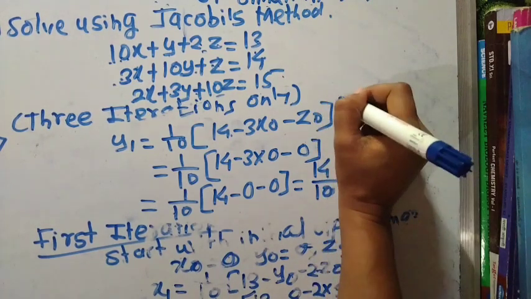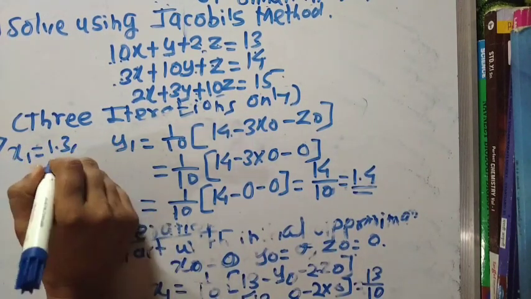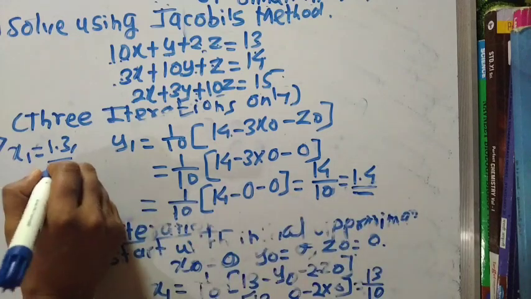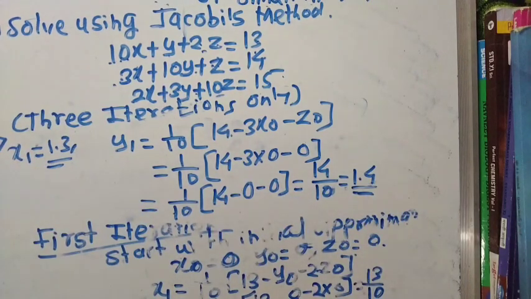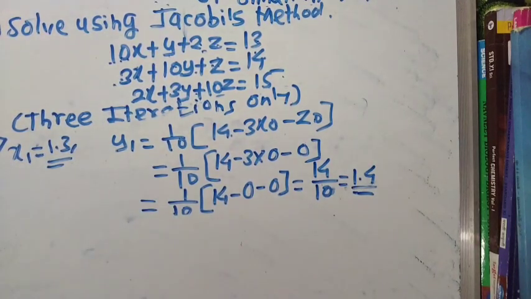Then here x1 is equal to 1.3 and y1 is 1.4. Then find out z1.